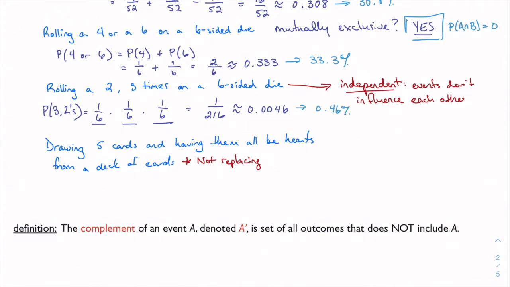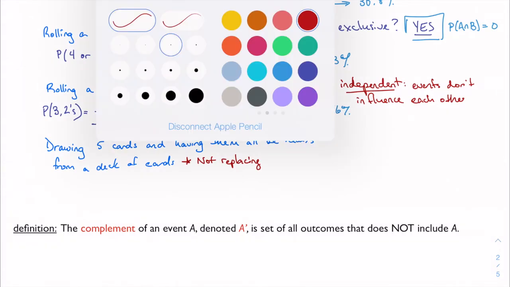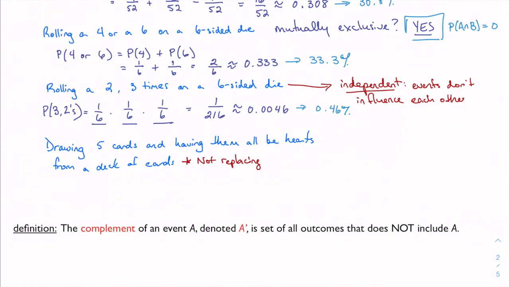I could replace the cards, put them back into the deck every time, so there's always 52 cards in the deck when I draw. Or I can consider leaving them off on the side and seeing how my probability changes, which is what I'm going to do here. Because I'm not replacing the cards, my events are dependent. The probability depends on the one I picked before.